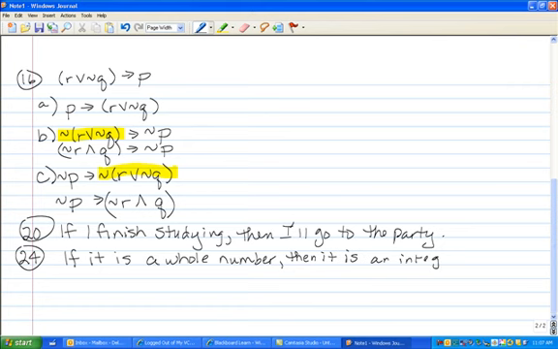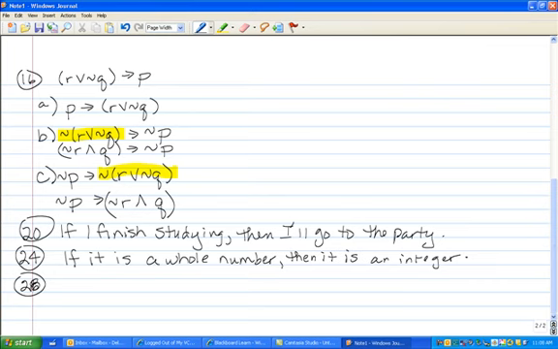All right, 28, not 26, 28. Being an environmentalist is necessary for being elected. Okay, now the necessary one is one in which Q comes first. So being an environmentalist is the Q part. So the if part is being elected.